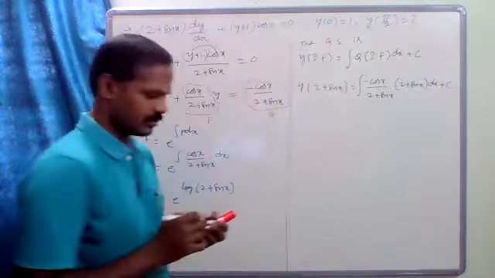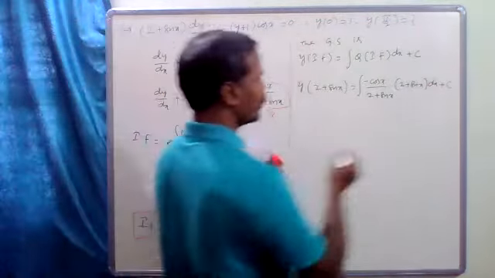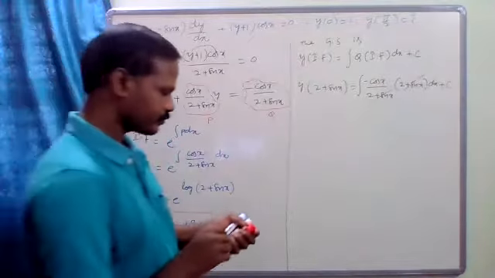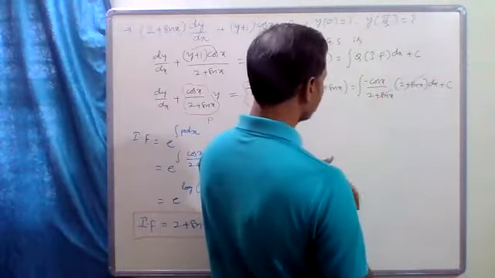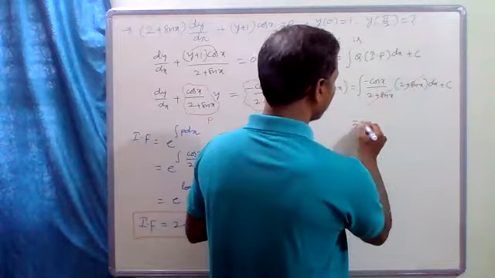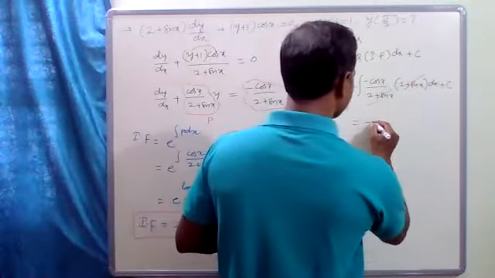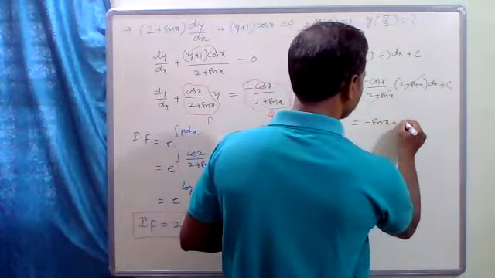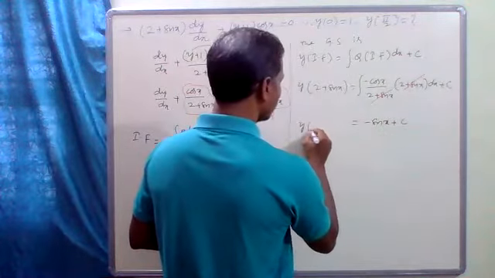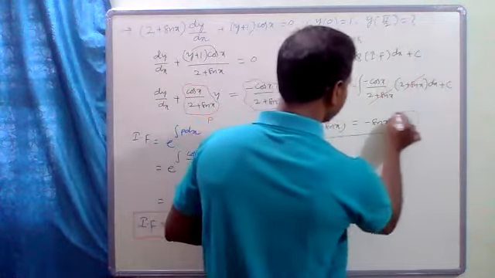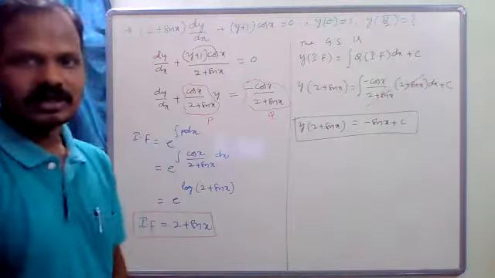Here 2 plus sin x will be cancelled. Now this is the integral of minus cos x, which is minus sin x plus c. So y into 2 plus sin x equals minus sin x plus c. This is the solution.